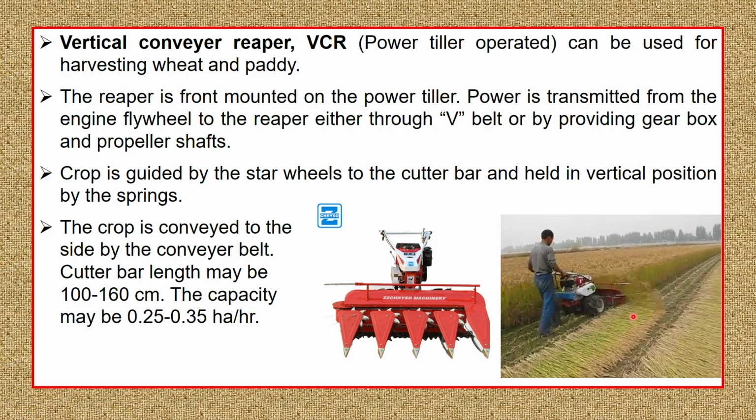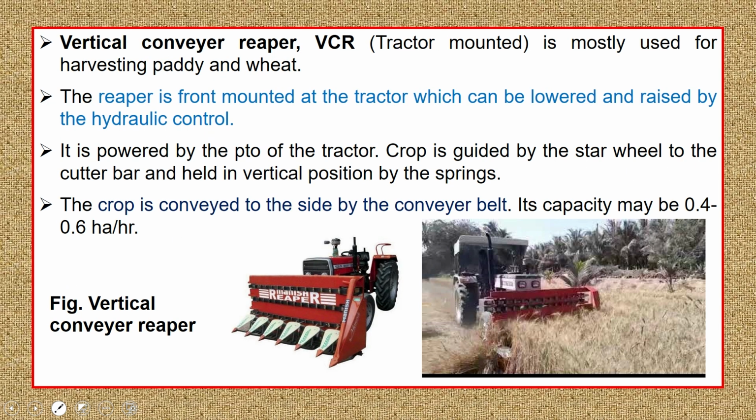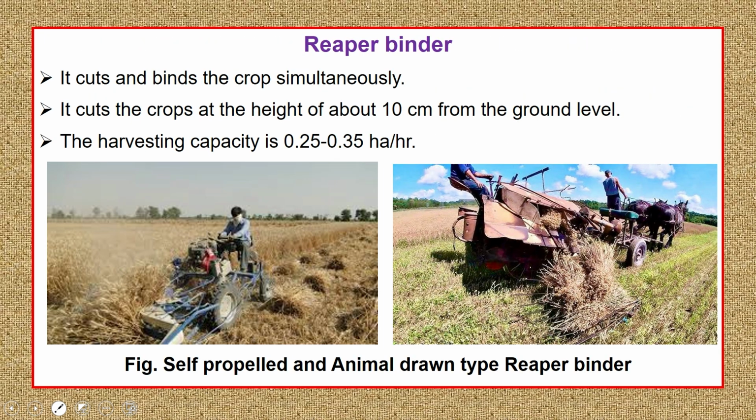So like that, the crop will be harvested and conveyed by holding it in vertical condition until it gets discharged to the other side of the implement. In case of a power tiller operated one, they can harvest 0.25 to 0.35 hectares of crop in 1 hour, whereas with a tractor you can harvest up to 0.6 hectare in 1 hour.